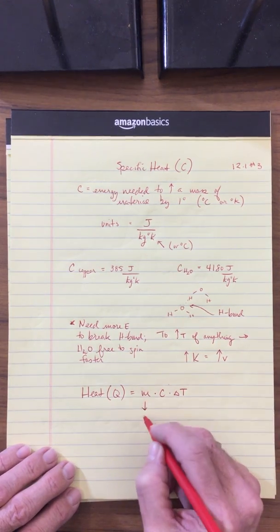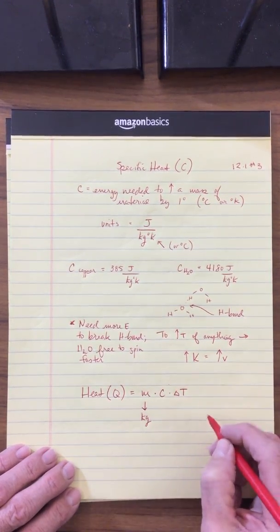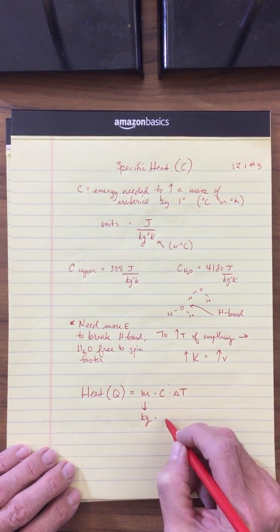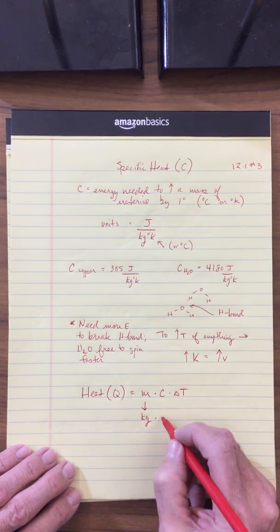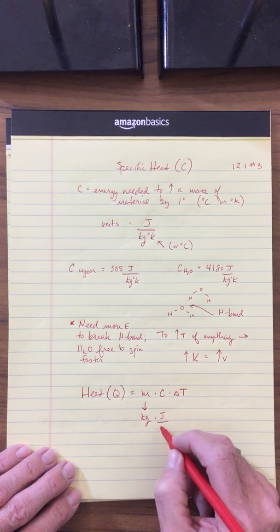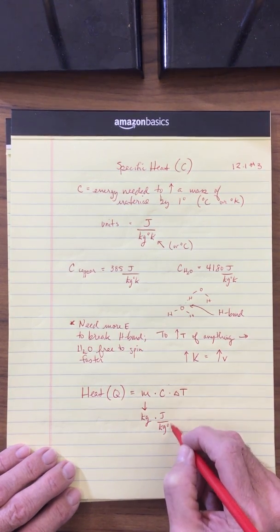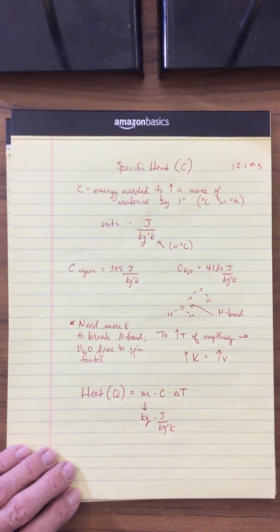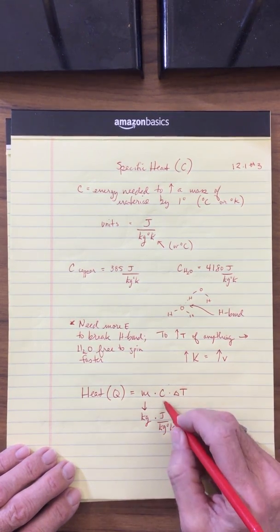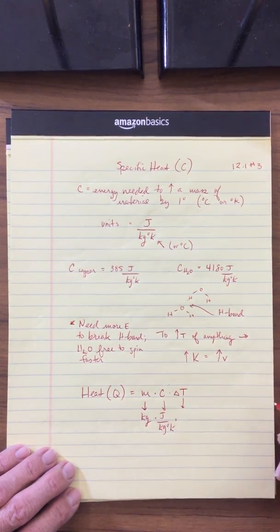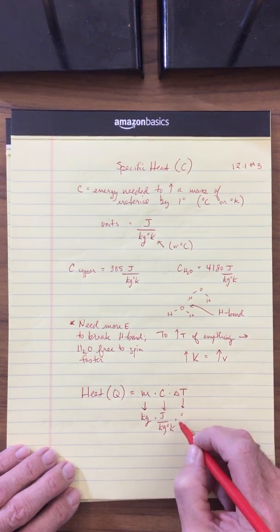The units of mass are going to be kilograms. The units of specific heat, we have it over here, it's going to be joules over kilogram degree Kelvin. And we're multiplying this by the temperature, which is going to be degrees Kelvin.